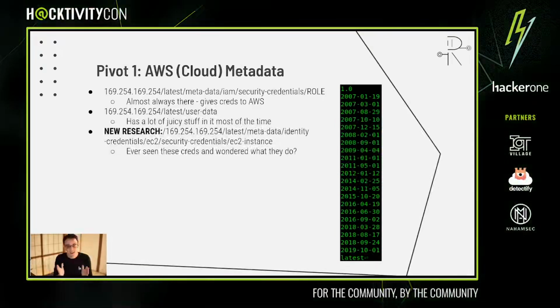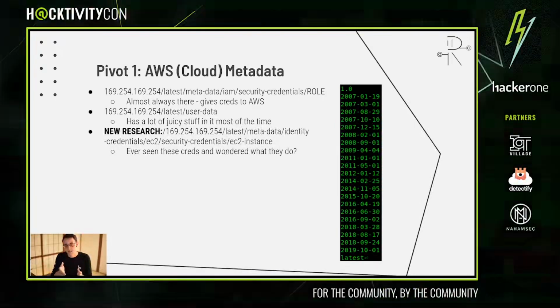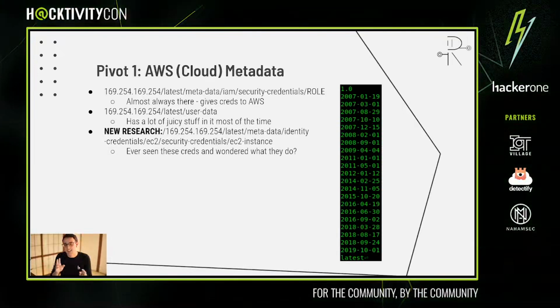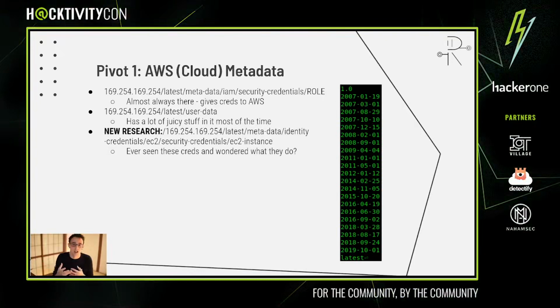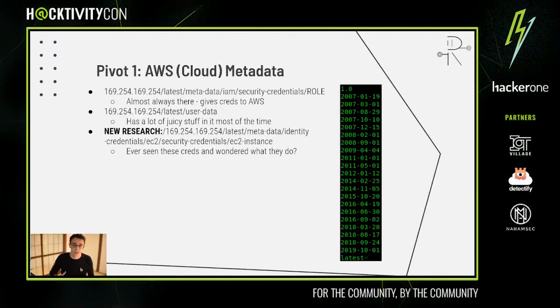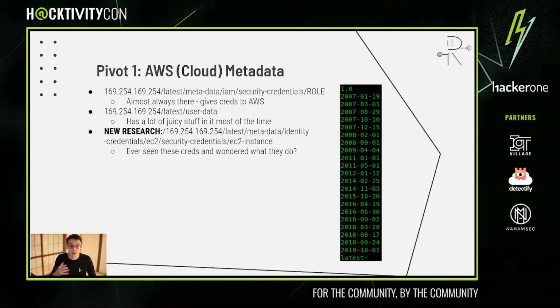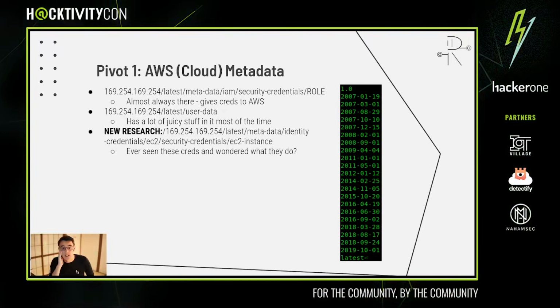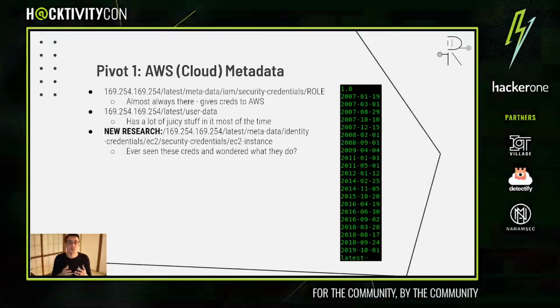And then a lot of you guys have probably seen this metadata identity credentials portion of the AWS metadata and not really known what it does. They're a funky set of credentials. Because I had so many of these SSRFs and I was really trying to find good impact, I spent a decent amount of time researching into that.